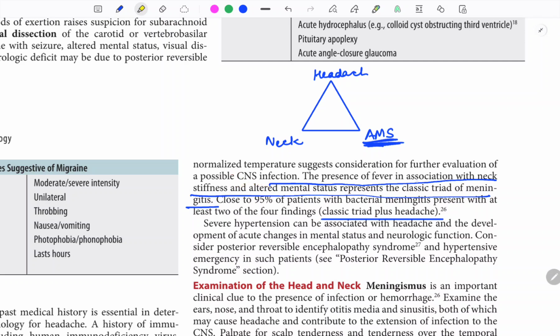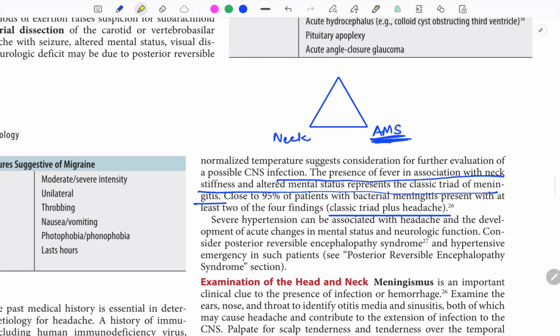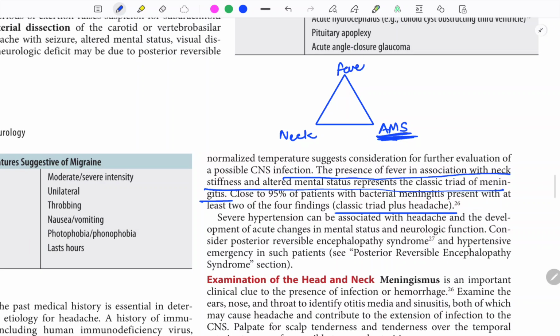So the presence of fever is associated with neck stiffness, altered status. It's not headache, I'm sorry. It's fever plus neck stiffness plus altered mental status. The presence of fever with neck stiffness and altered mental status. Fever, neck stiffness and altered mental status.